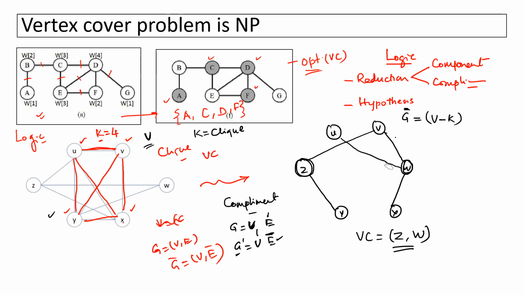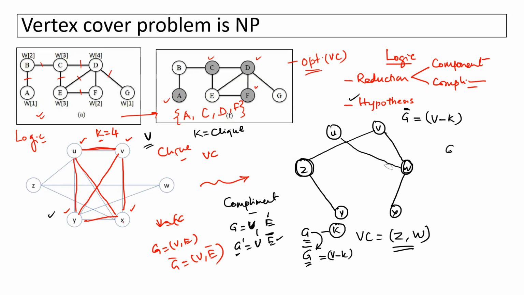So this is the reduction which we are trying to prove through the hypothesis. That is, given a graph G, you can convert this graph G into G bar, which is the complement. If there is a clique of size K in this graph G, then there will be a vertex cover of size V minus K in this graph G bar.